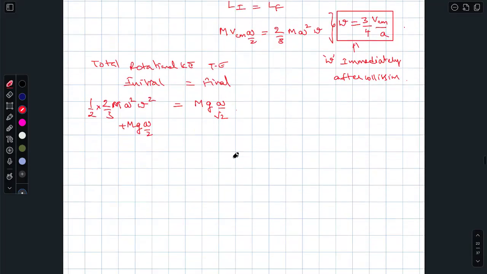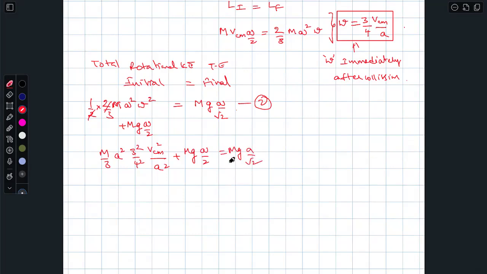That's all. So solving this, you will get equation 2. So M by 3 a square omega square, where omega square is 3 square by 4 square VCM square by a square, plus mg a by 2 is mg a by root 2.